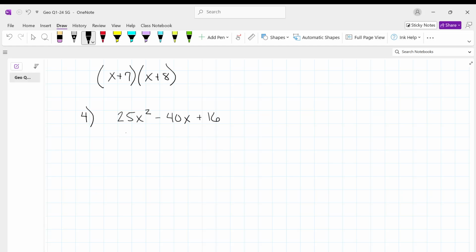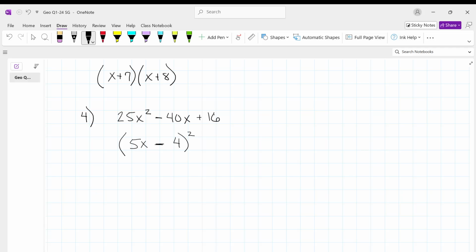And the factors are the square root of 25 is 5. The square root of x squared is x. All right, this middle term is going to take care of itself because the square root of 16 is 4. Now look, we need a negative 40 in the middle, so this has to be negative in here. And we just close it off and we square it. First term's a perfect square, so its square root is your first factor.